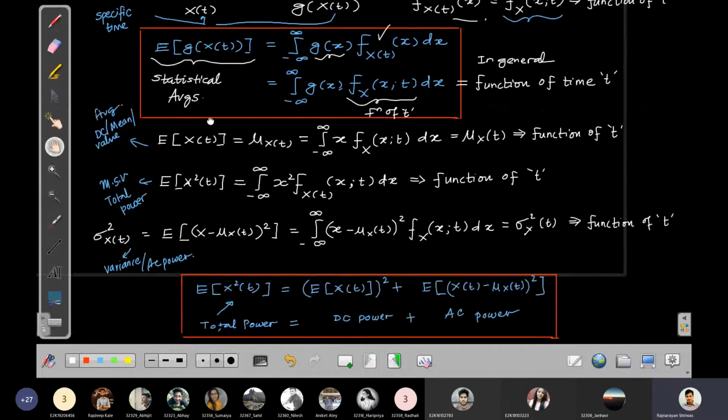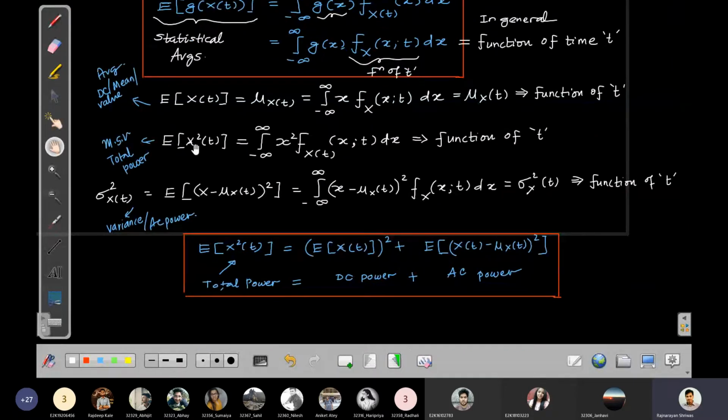Now we saw three functions of X(t). One is simply X(t), so g of X(t) is simply X(t). Here g of X(t) is X squared(t), and here we subtract the mean from X(t).